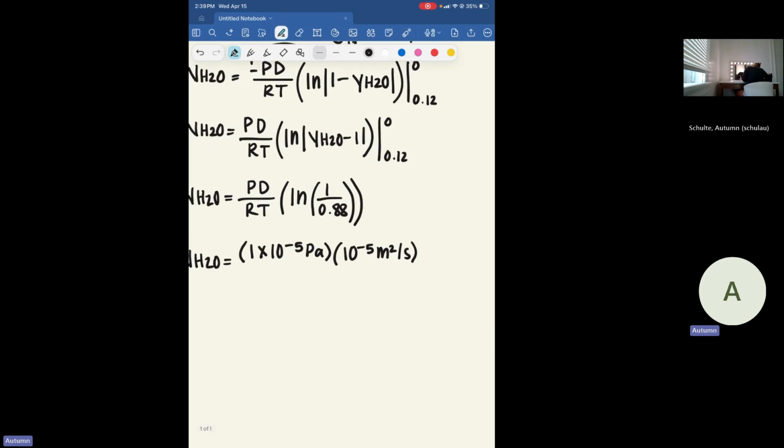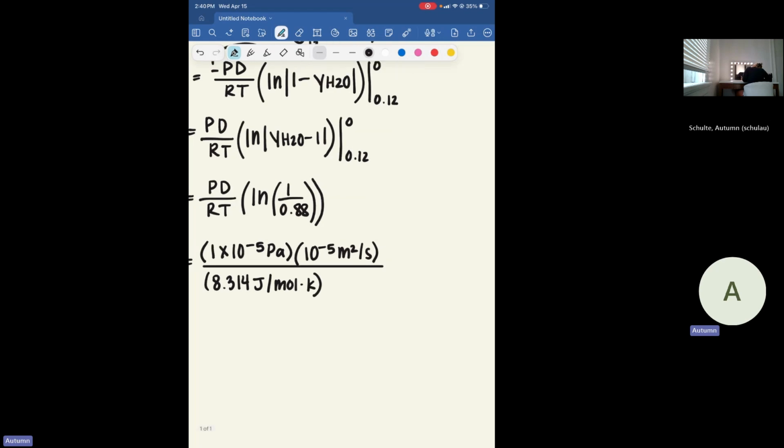This is divided by our gas constant, which is 8.314 joules per mole Kelvin. And this is multiplied by our temperature, which is 323 Kelvin. And this is all multiplied by the natural log of 1 divided by 0.88.